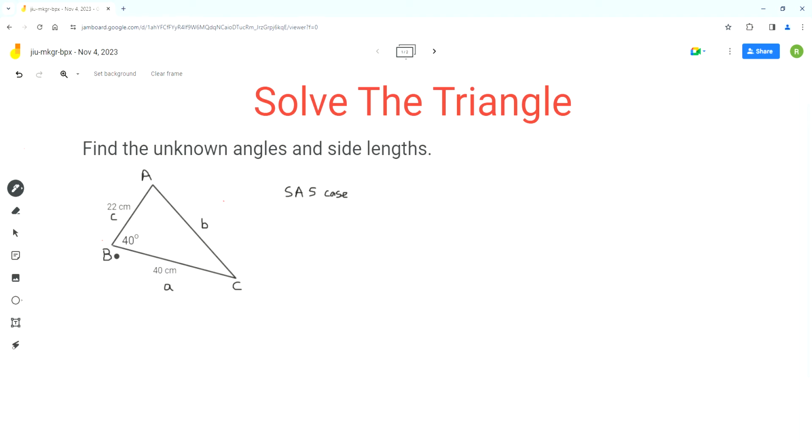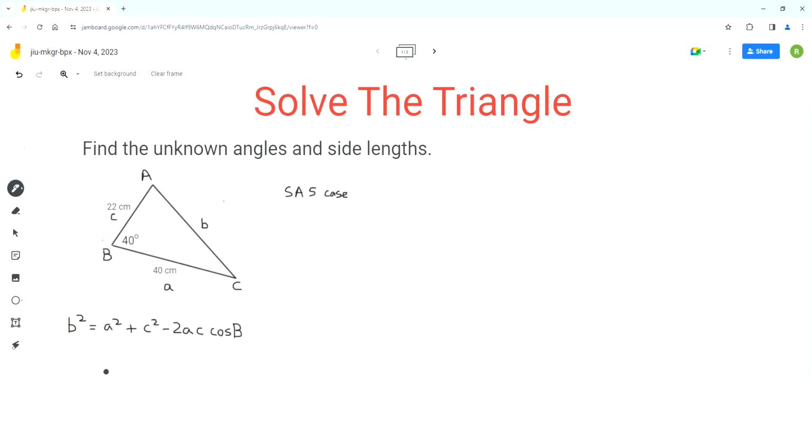Now we have to find side B, so we'll start with B. So the equation is B square equals A square plus C square minus 2AC times cosine of angle B. So since we put B on the left side, we have to use angle B in the equation.